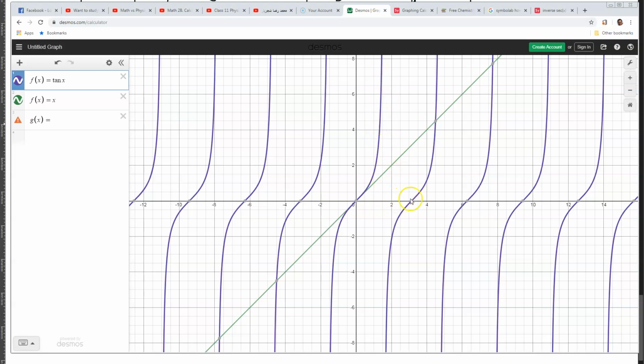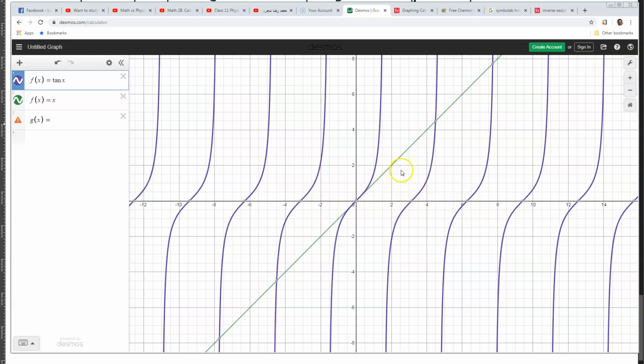This is 0, this is about pi by 2, this is pi, right? At pi the function goes to 0, at 3 pi by 2 again the function is not defined, and so on and so forth.